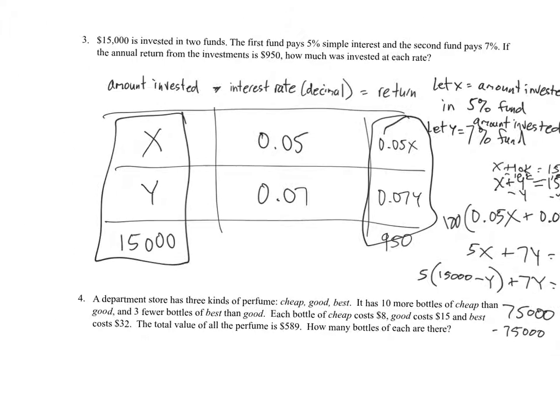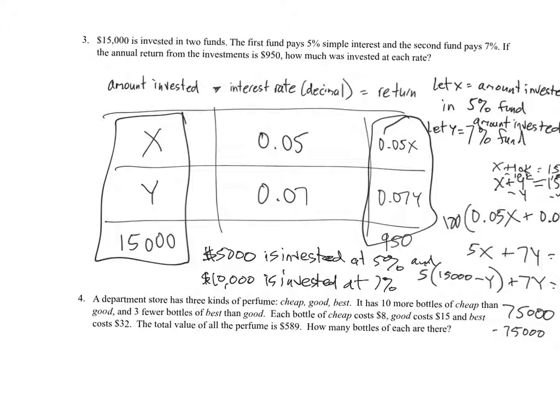So essentially, the answer is, it's so much money, I'm tongue-tied. $5,000 is invested at 5% interest, and $10,000 is invested at 7% interest. Sorry, that's messy, but that is the answer.